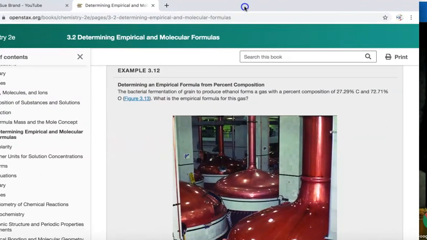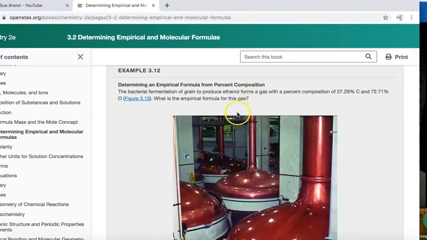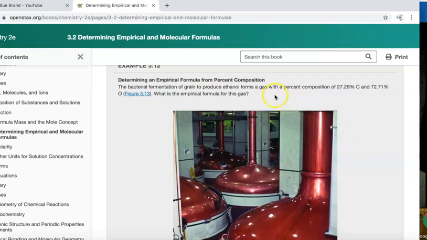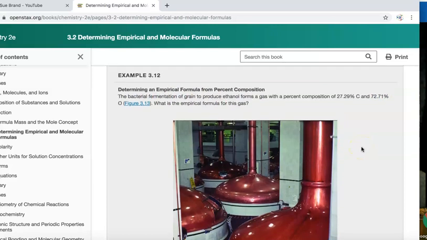Here it's asking us to determine the empirical formula from percent composition. So instead of starting with mass, they're starting with percent composition, so we have to actually do the first step in our little step process. The bacterial fermentation of grain to produce ethanol forms a gas with a percent composition of 27.29% carbon and 72.71% oxygen. What is the empirical formula for the gas?